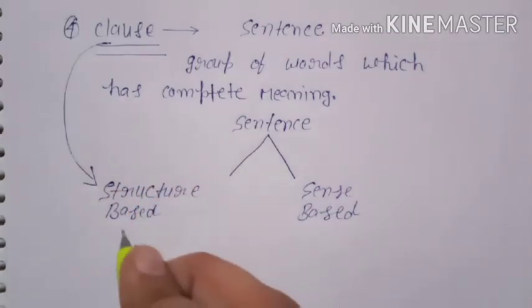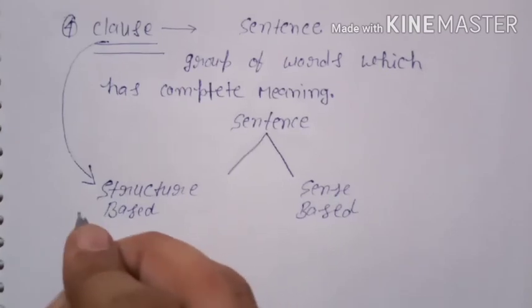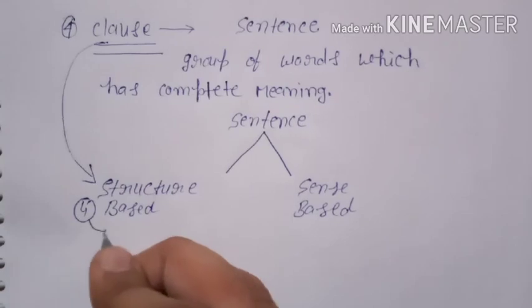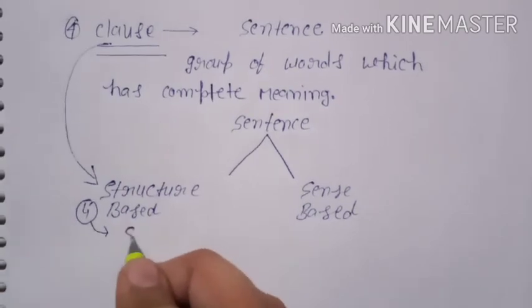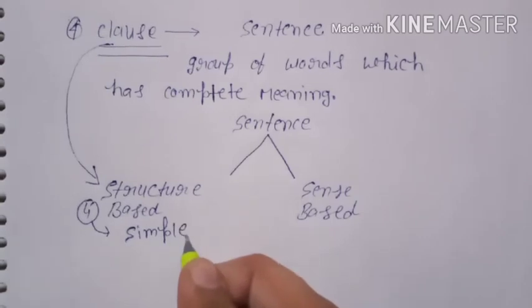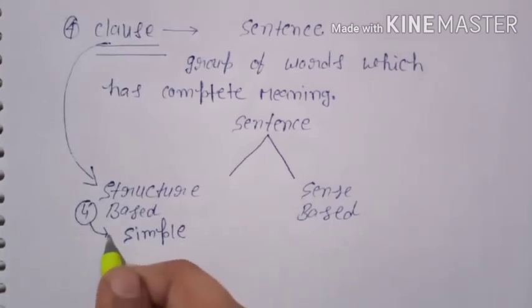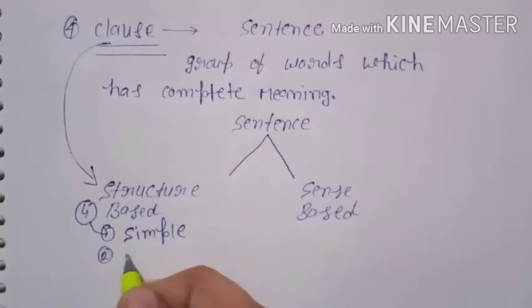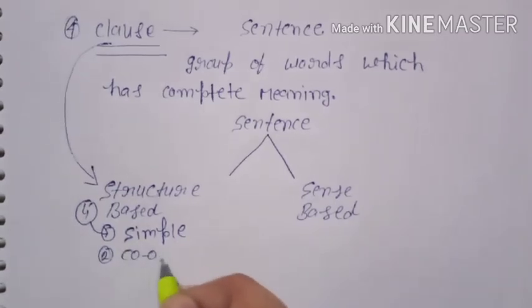Now I want to tell you what are the four parts of a structure based sentence. First is simple sentence. Second is coordinate.